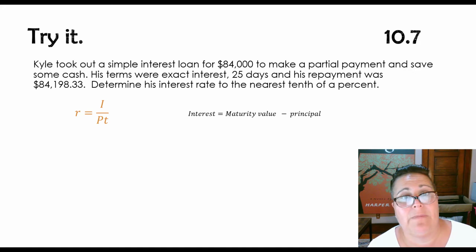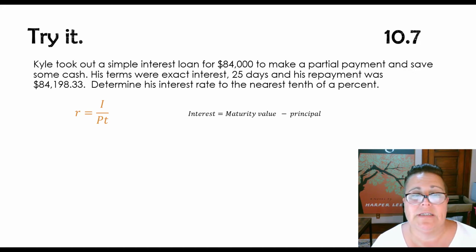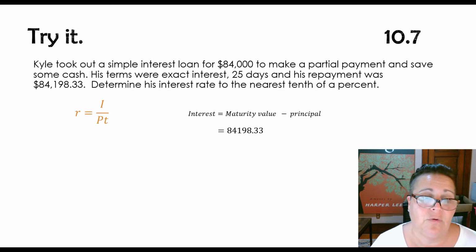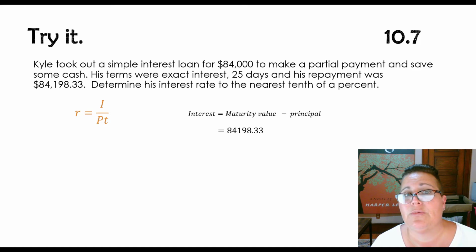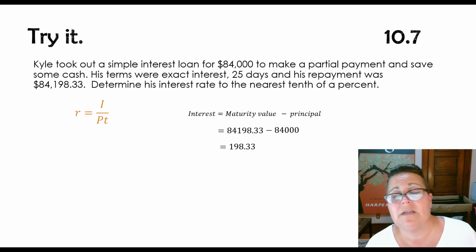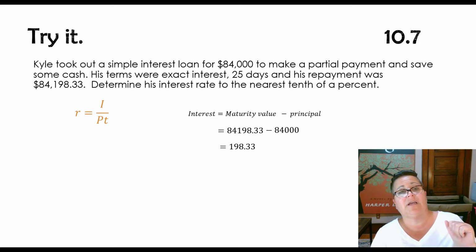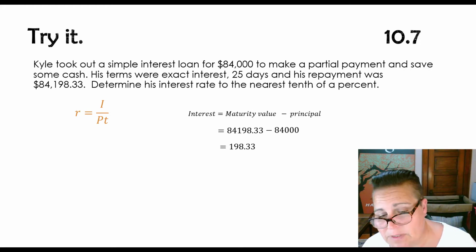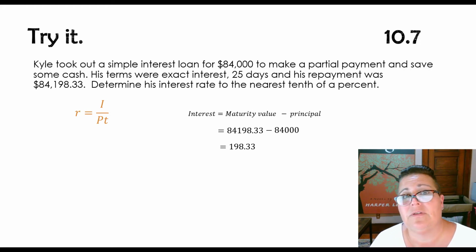The additional repayment is the interest. So if I need to calculate the interest and I know the maturity value, or the repayment amount of $84,198.33, I can subtract the initial principal of $84,000 to get me the interest of $198.33. Now, that's an extra step to the problem, but it's absolutely feasible.